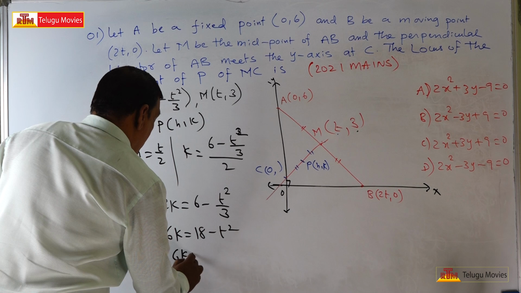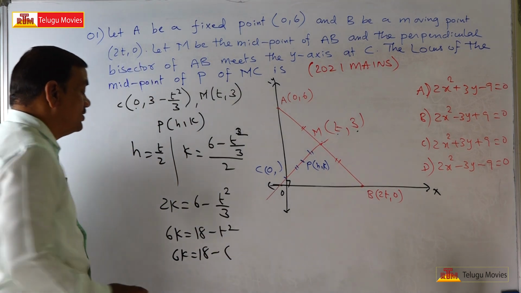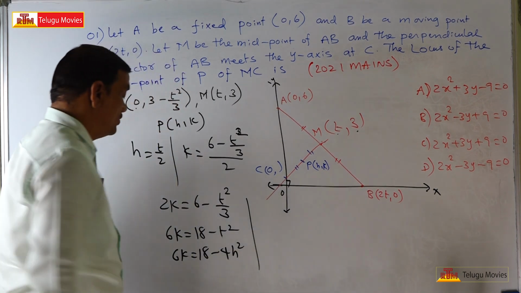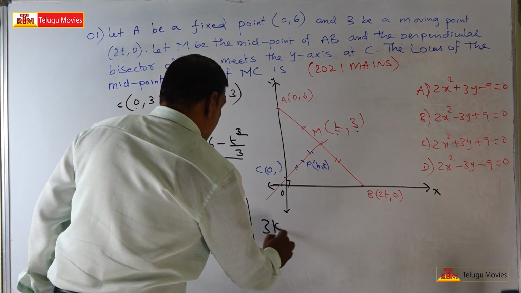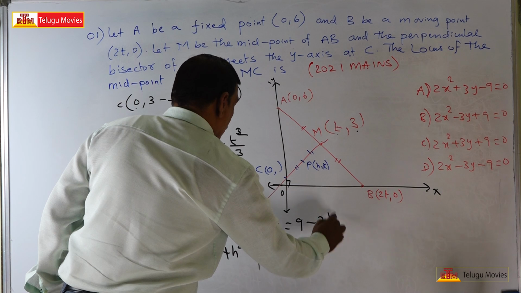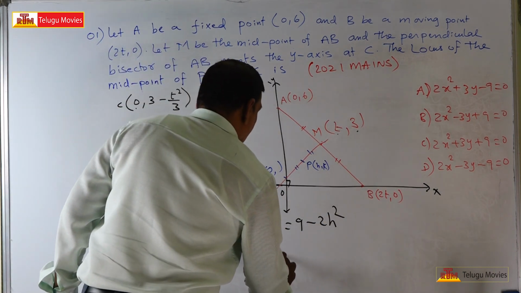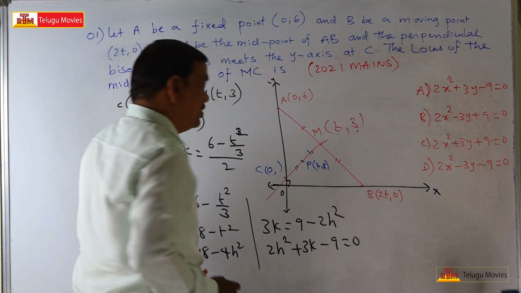So, 6k is equal to 18 minus, in place of t substitute 2h, 2h whole square means 4h square. You can divide with 2, 3k is equal to 9 minus 2h square. So, put it in order: 2h square plus 3k minus 9 is equal to 0.